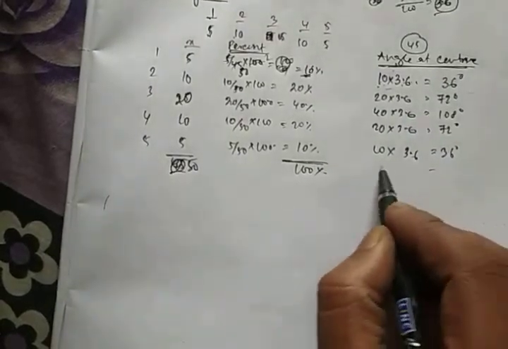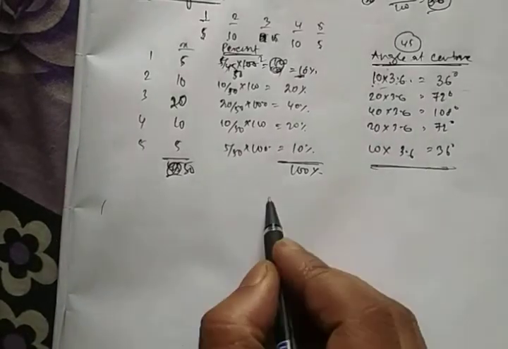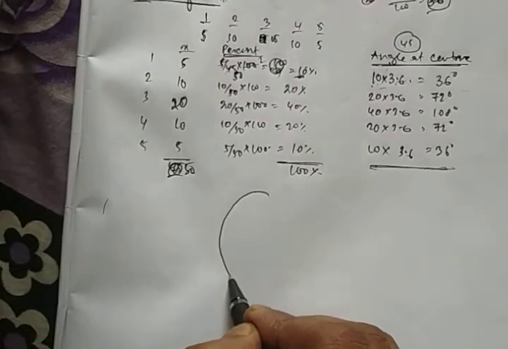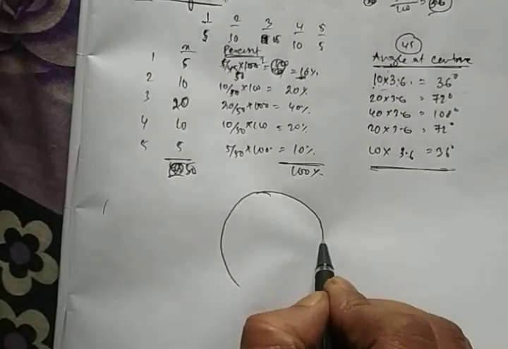Now we will put these degrees in a certain figure, which is a circle. This will be the pie diagram for the given data.